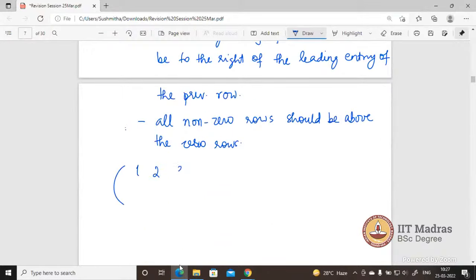So the matrix that we started with, 1 0 0 1 0. Is this in row echelon form? No. Is this in row echelon form? No. Is this in row echelon form? No. Why?